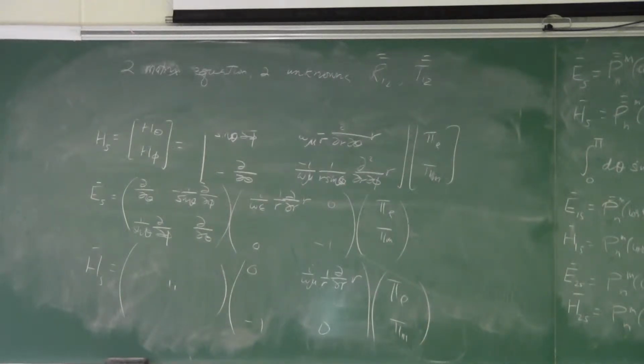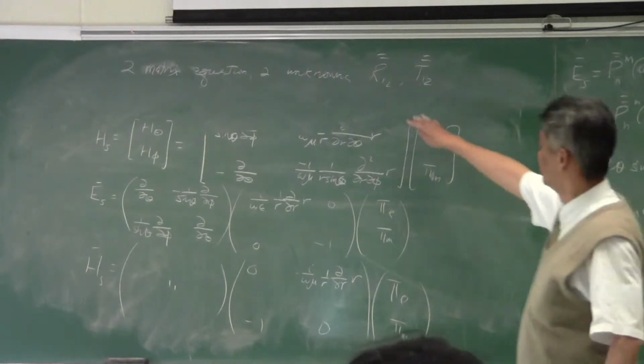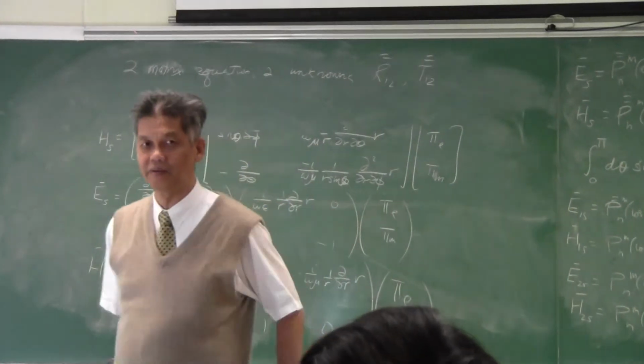So I have a matrix equation, this at r equals a equals this at r equals a, because I can cancel the A. A is an arbitrary vector. Similarly, I will have another matrix equation equal to this matrix equation and cancel out the A because they are arbitrary. And I have two matrix equations and two unknowns. Just go through the algebra to find R12 and T12.